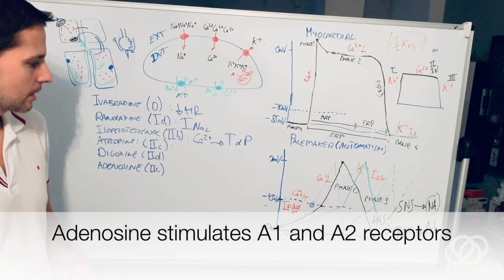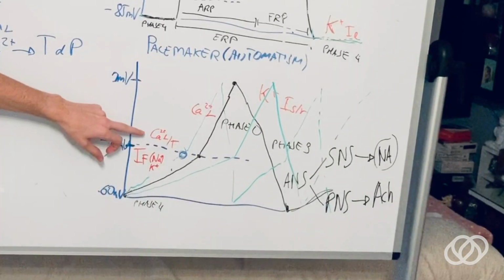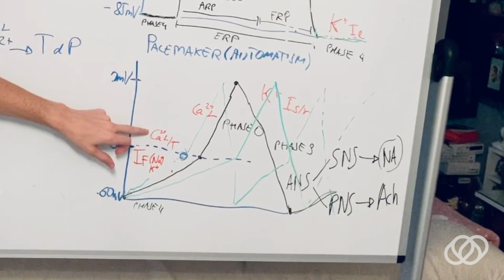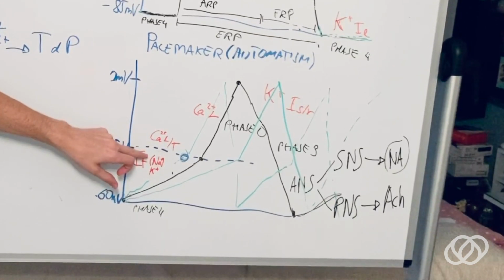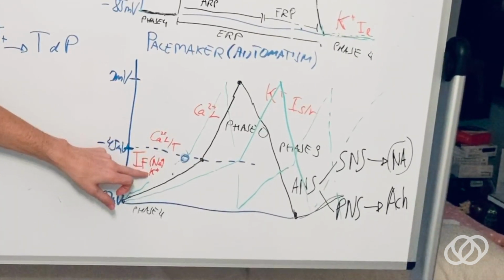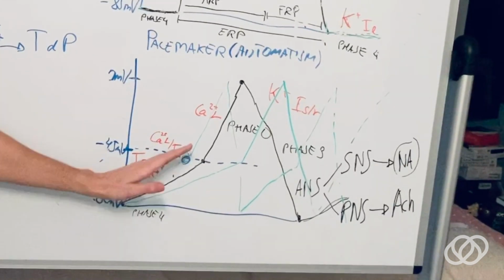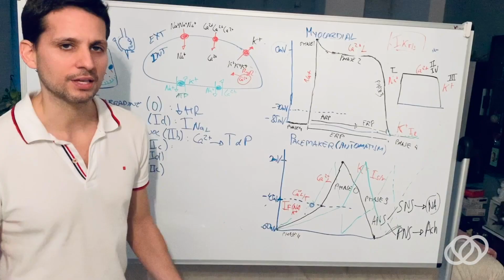What adenosine does is mainly act in the pacemaker cells. It blocks the calcium and also the IF channels, and it also enhances the potassium channel. So in the end, it brings our slope down and decreases the heart rate.